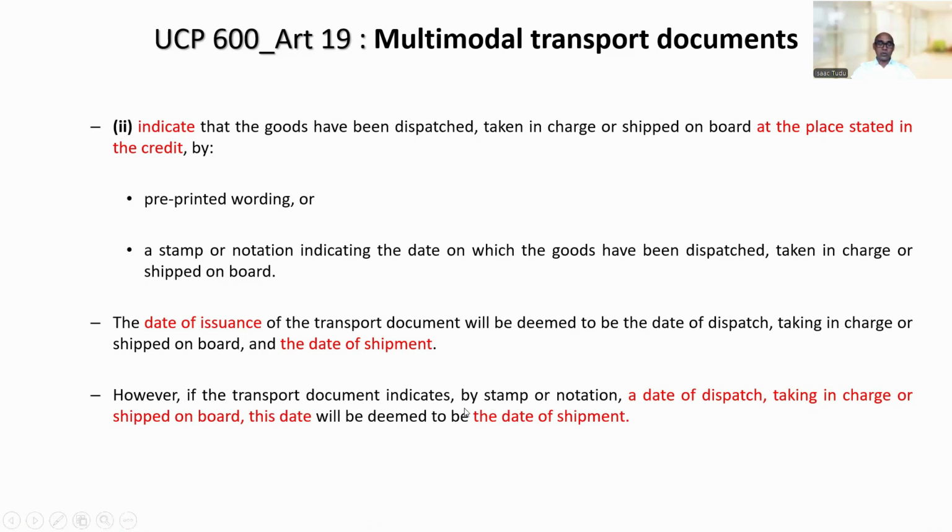When the transport document includes a stamp or notation, the date shown therein as the date of dispatch, taken in charge or shipped on board will be deemed to be the date of shipment, whether or not this date is prior to or after the date of issuance of the multimodal transport document. So understand, when there is a separate dated on-board notation, you need to take that date as the date of shipment, not the issuance date of the multimodal transport document, right?